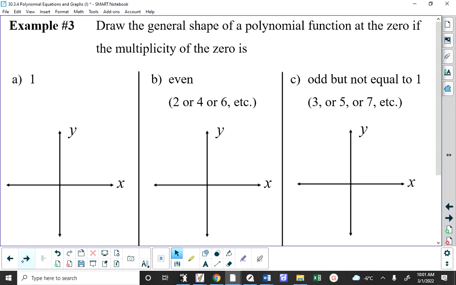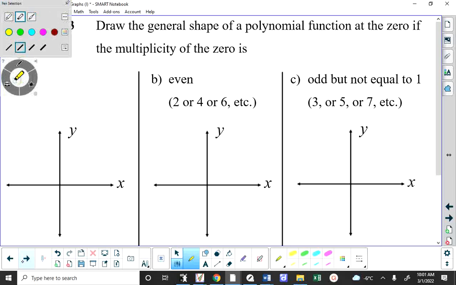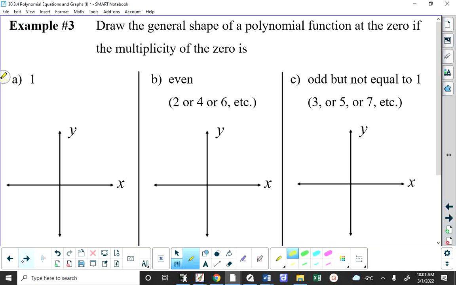If the multiplicity is even, 0 happens to be even, -2 happens to be even. When I say the multiplicity is even, I'm talking about 2, 4, 6, etc. The graph will be tangent at that point. You know, it might be tangent above or below.